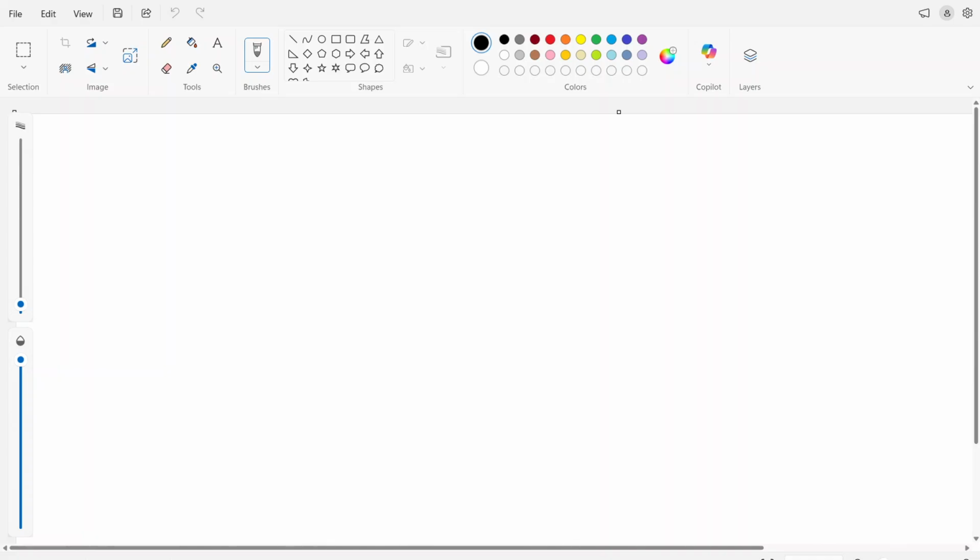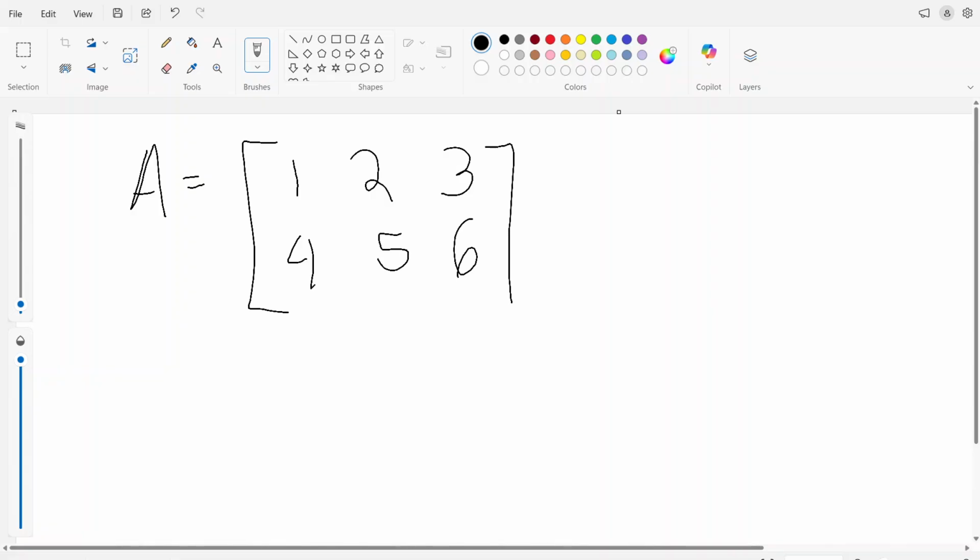So, I'm going to start you off with an example. Suppose we have this matrix A. Let's let it equal [1, 2, 3; 4, 5, 6]. This matrix has two rows and 3 columns, right? The first row is 1, 2, 3, and that will become the first column.